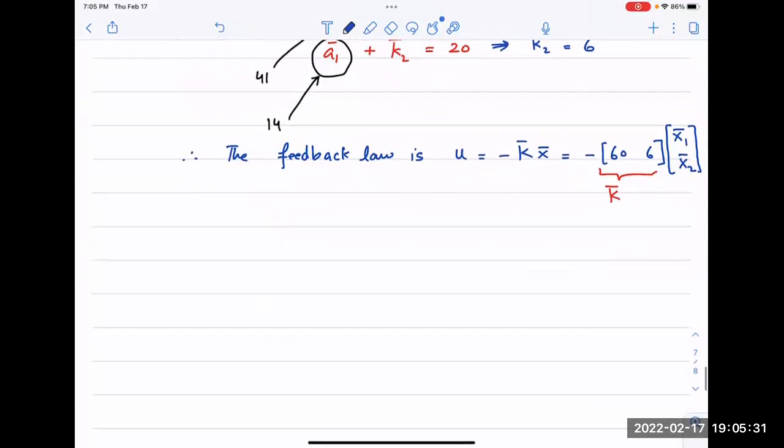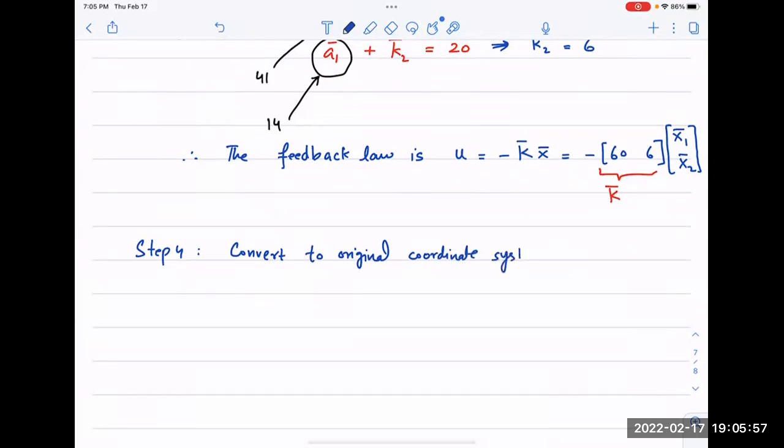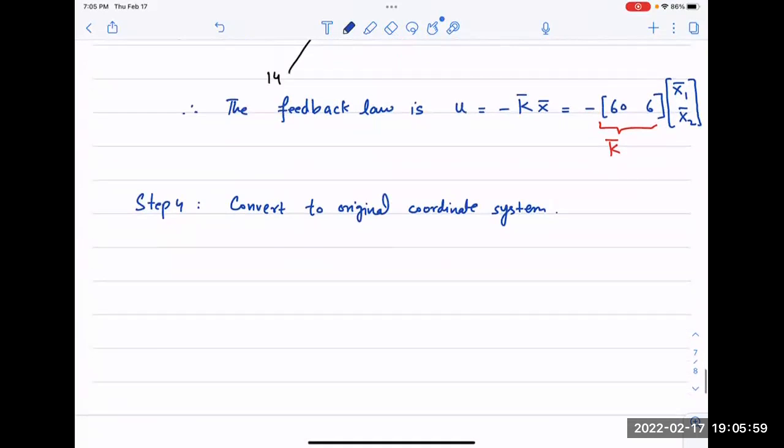Canonical form has this beautiful property, but at the end of the day, you have to go back to the original system. This is step 4: convert to the original coordinate system. What does that mean?